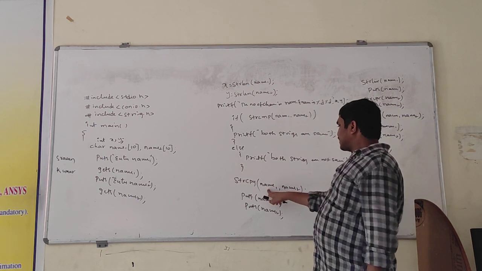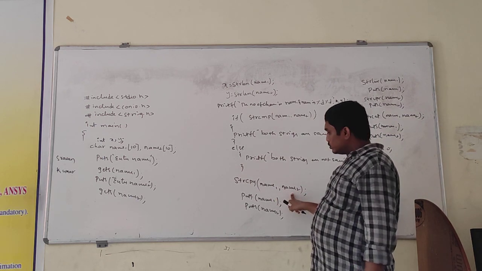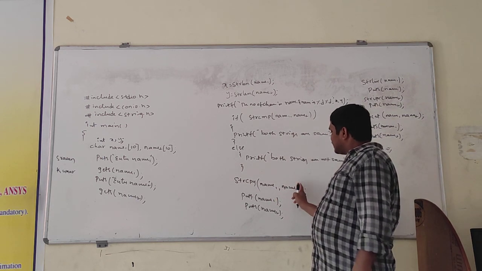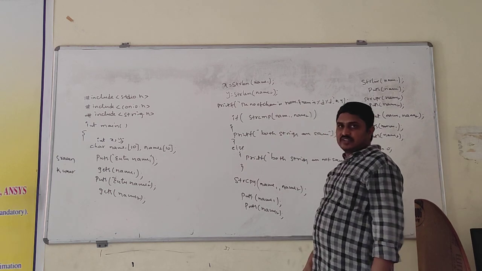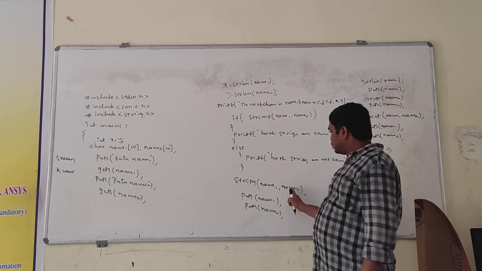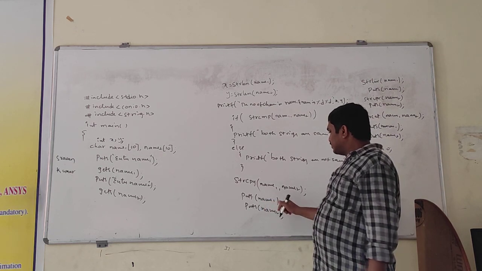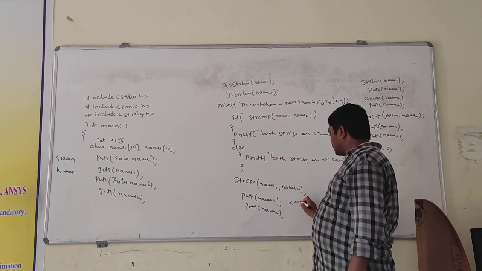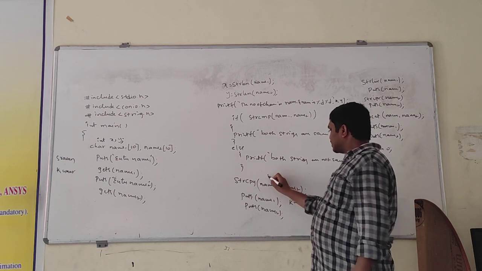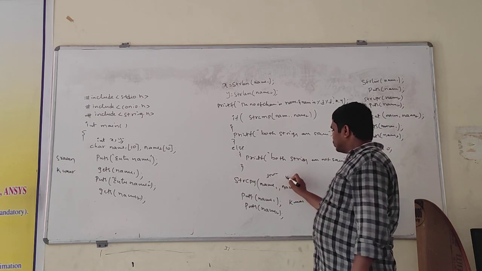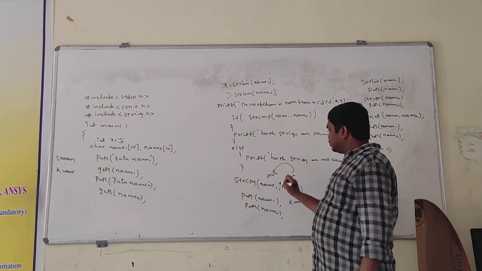strcpy of Shravan, comma Kumar. So the second string is copied into the first string. The name2 is copied into name1. So here puts name1 prints Kumar. That Kumar is copied into Shravan.